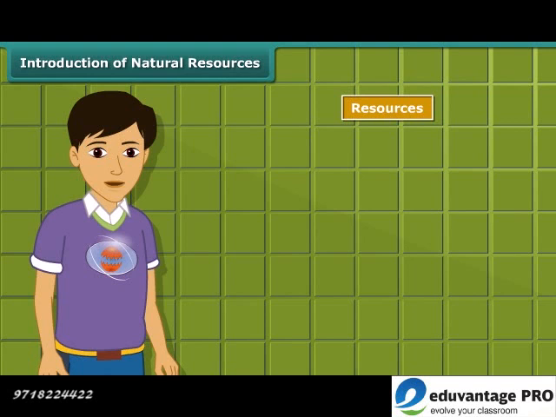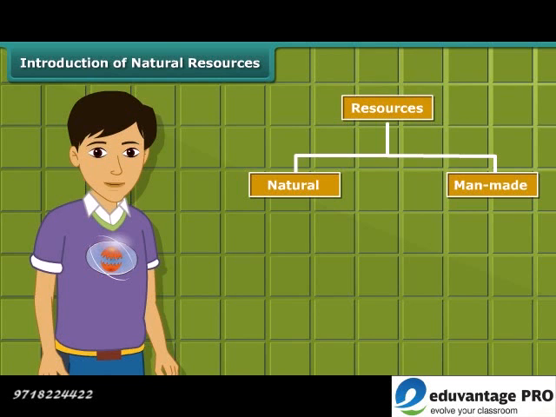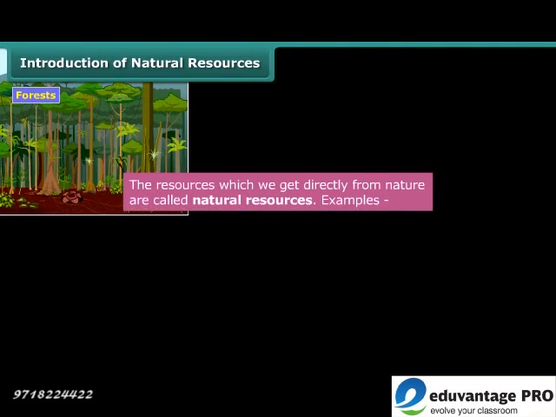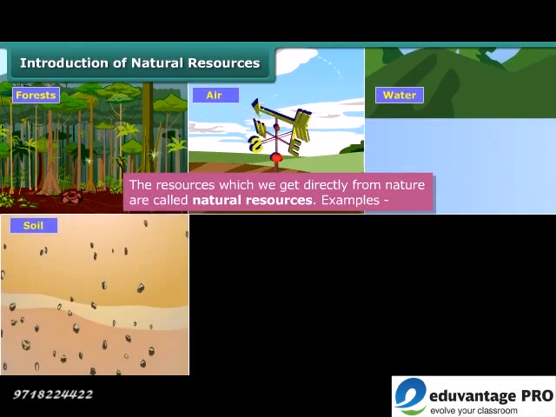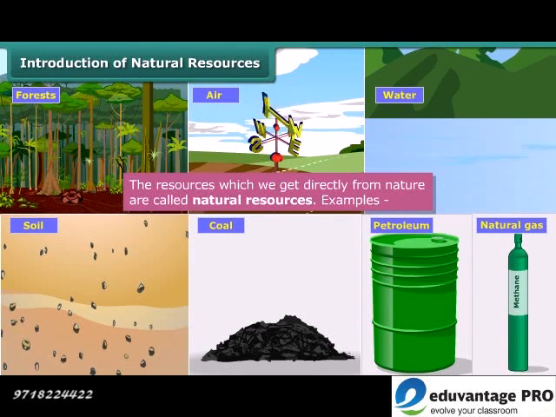You know, resources are of two types, natural and man-made. Natural resources such as forests, air, water, soil, coal, petroleum and natural gas are directly obtained from nature.